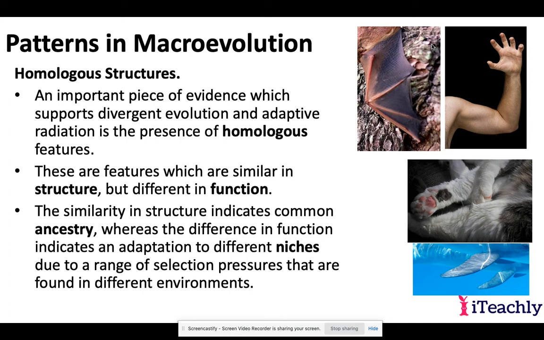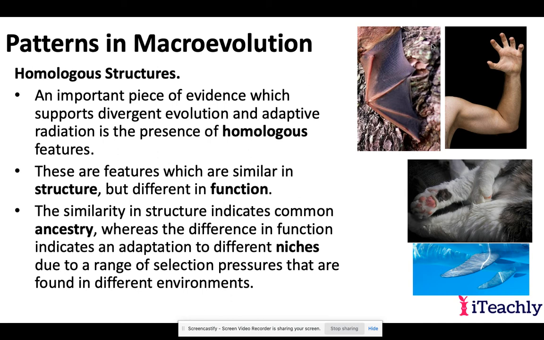Remember the features of a homologous structure: they have similar structure but different functions. So you're going to use the same bones but in a different way, because you can fill a new role, a new niche. And so homologous structures really support this idea of divergent evolution.